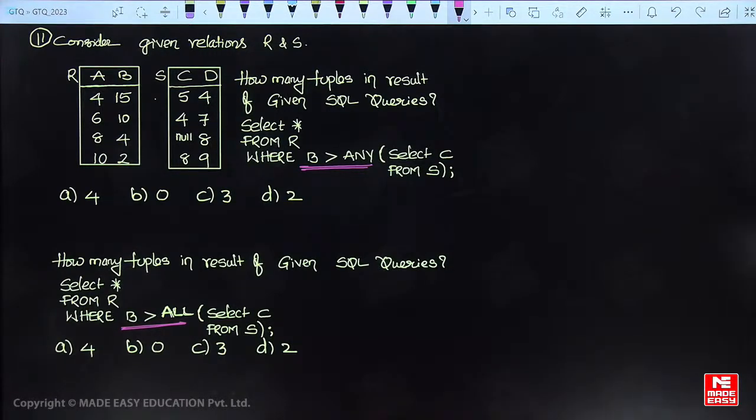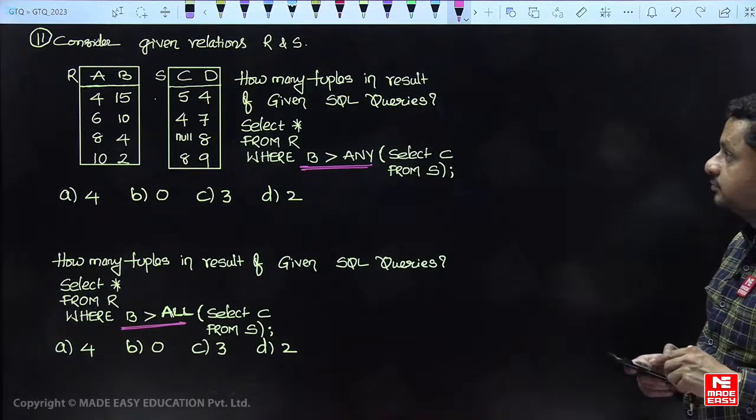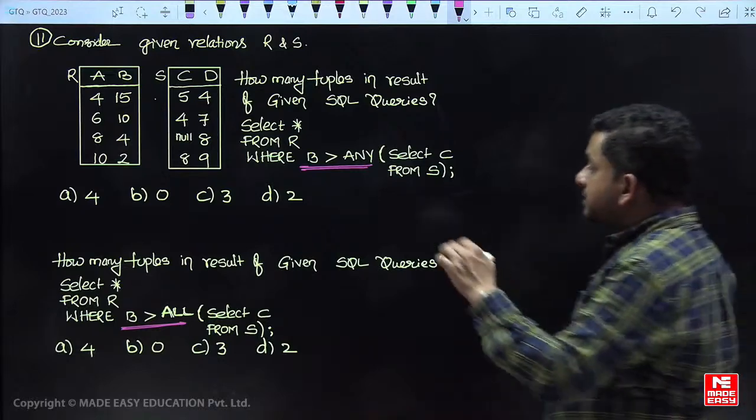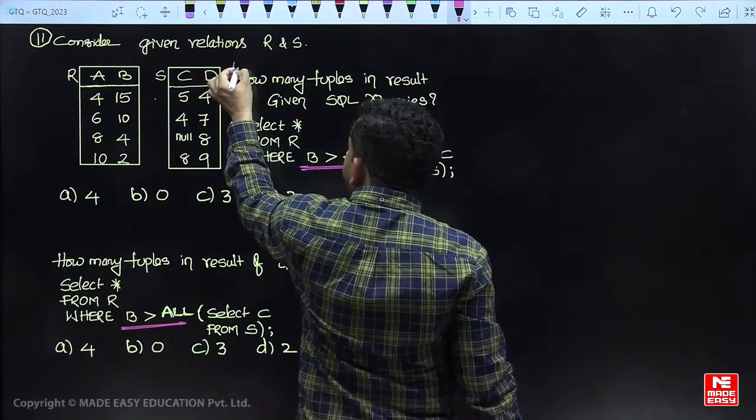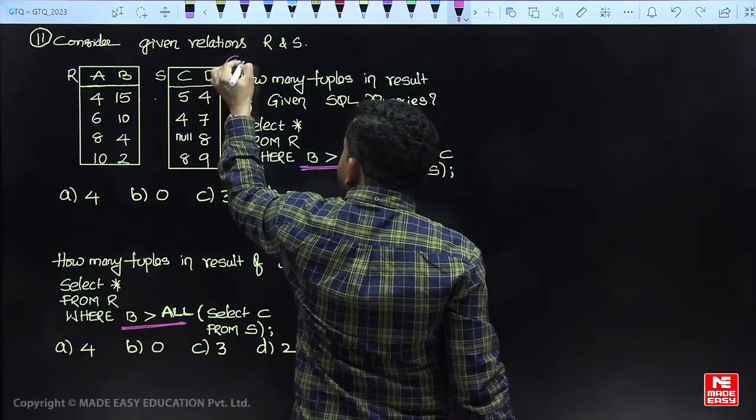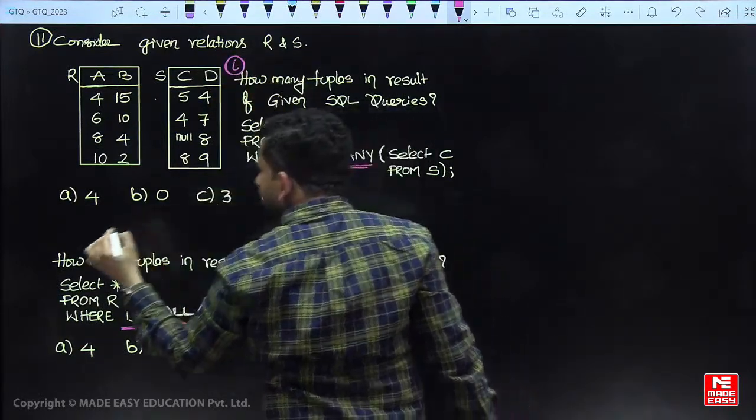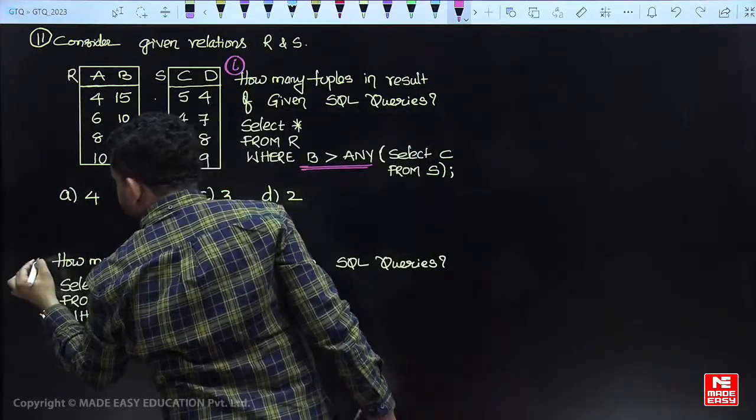Everyone try it. Let me embed it, so that it is easy to give the answers in chat. Assume this is the first part and the second part.